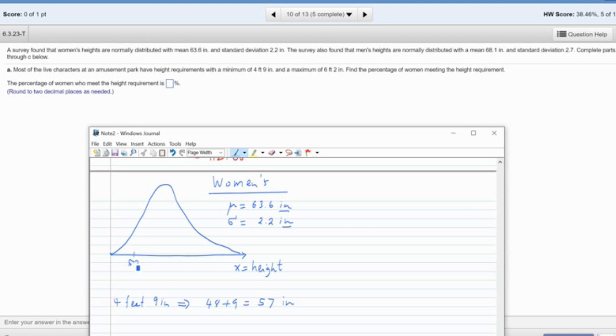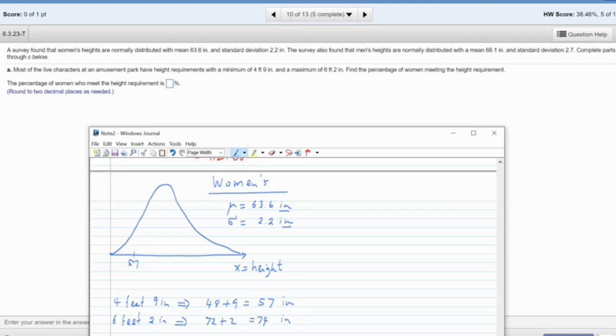Similarly, 6 feet 2 inches: 6 times 12 is 72, plus 2, which is 74 inches.